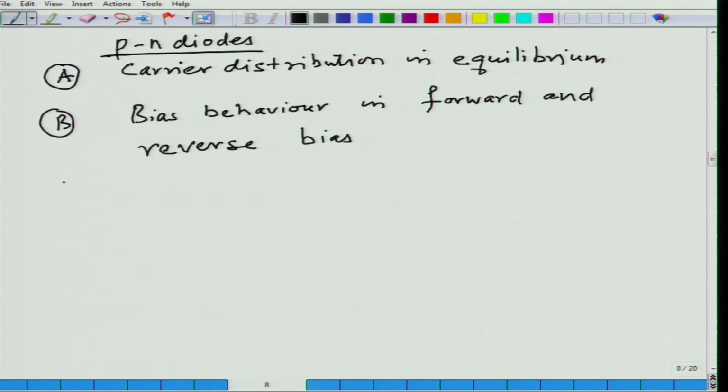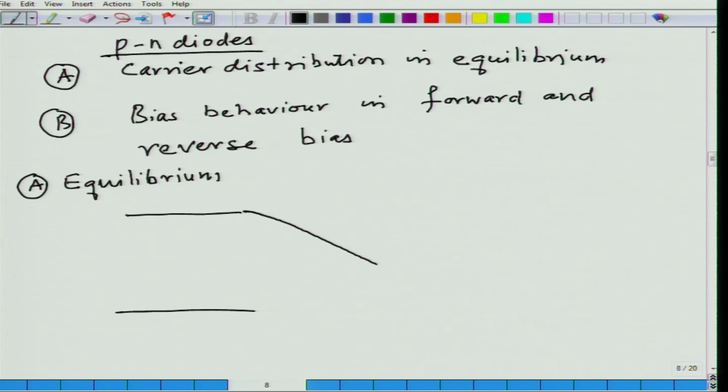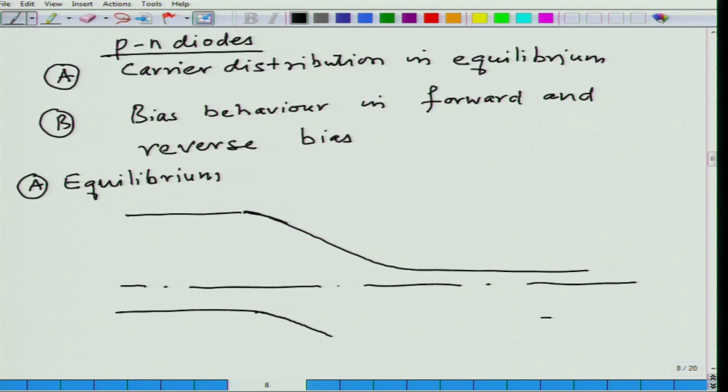So, up to now, what we have in equilibrium, what is happening? Part A, in equilibrium we have alignment of the Fermi level, and if I were to plot this in terms of a diode symbol, then it looks like this in the electronic circuit, where my applied bias is 0.